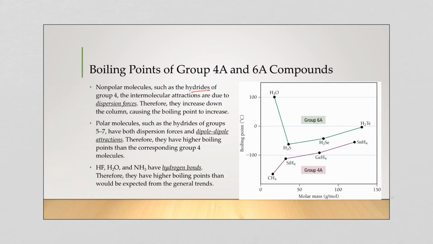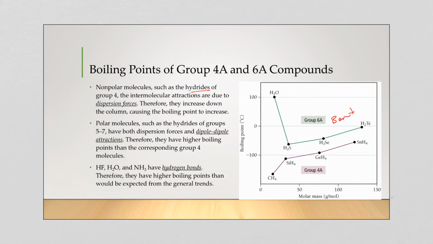Now, polar molecules such as the hydrides of group 6 can develop dipole-dipole interactions. So we get water or oxygen, we get H2S, H2Se, H2Te. These are all going to be polar. Think about the geometry. These are all going to have a bent geometry, because of the presence of lone pairs.